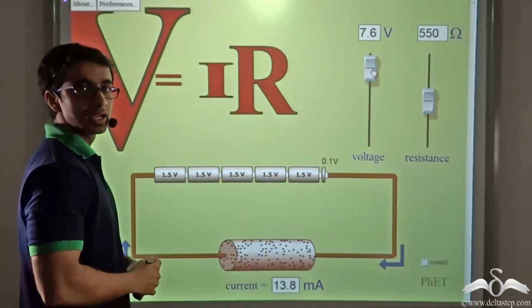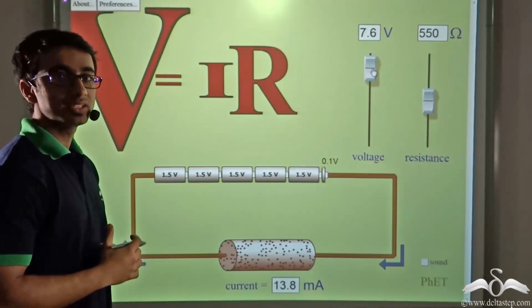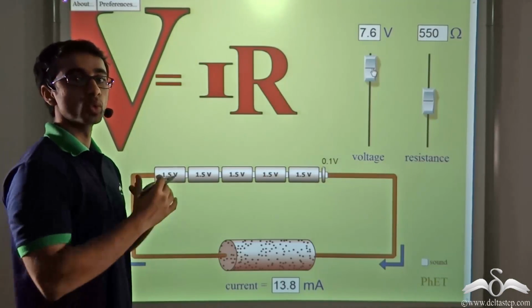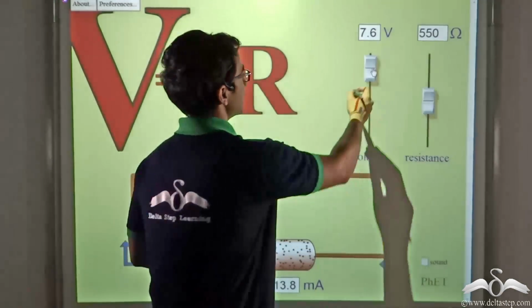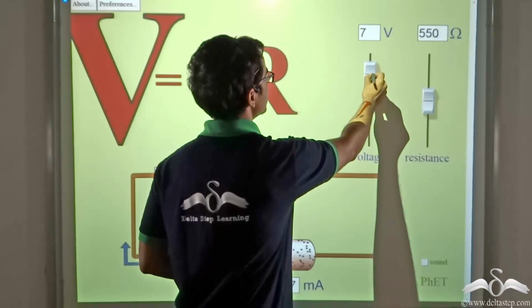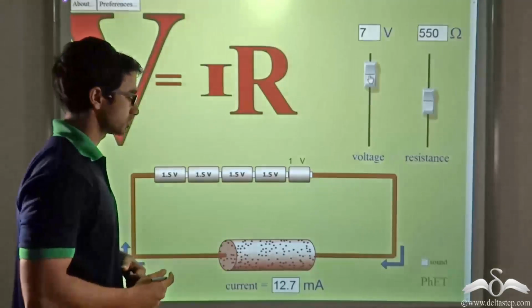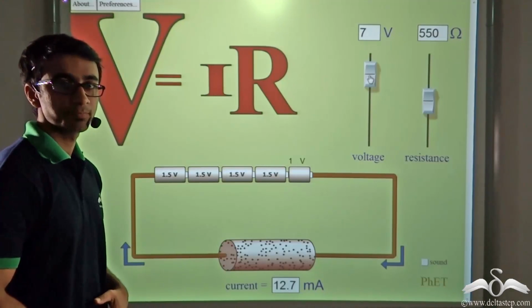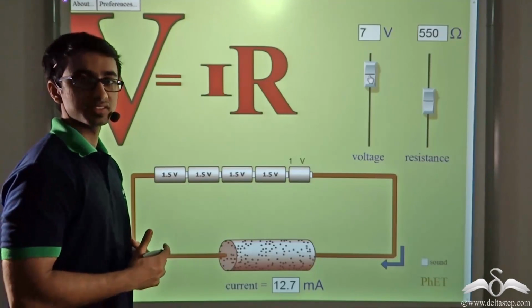If I further increase the value of V, you will find that the value of current is increasing simultaneously along with V. Now, I want to find out what the effect of the change in resistance is if I keep the voltage constant. So let's say I fix it at 7 volts. The current flowing through is 12.7 milliamperes. Now I change the value of resistance.